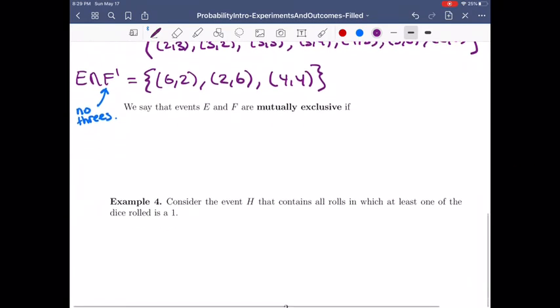Now, a new word that they use in probability is actually the exact same as a word we used before. We say events E and F are mutually exclusive if they have no outcomes in common.